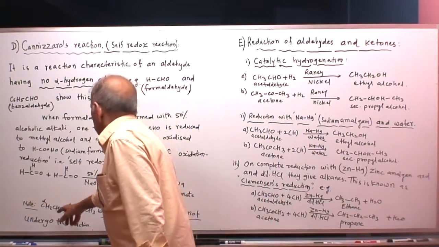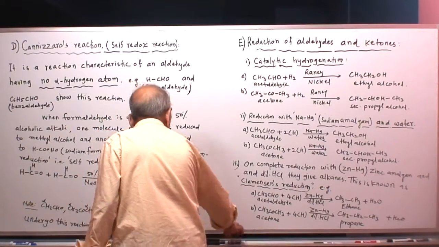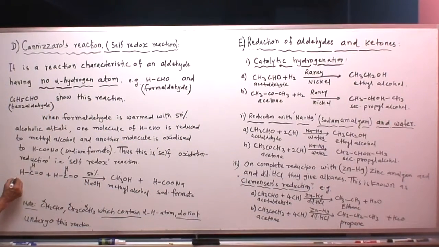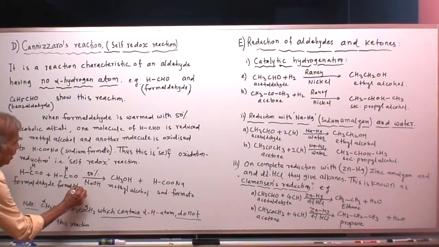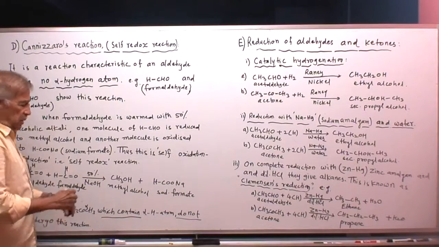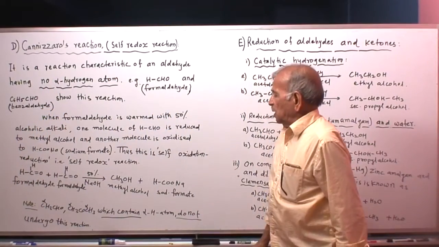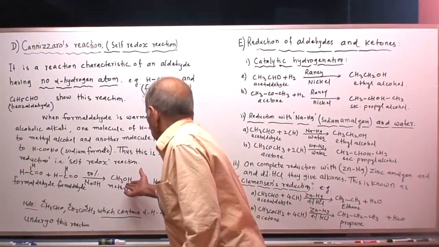Two molecules of formaldehyde I have shown over here. The first molecule of formaldehyde, an aldehyde containing only one carbon atom, on reduction gives an alcohol also containing one carbon atom, that is methyl alcohol.